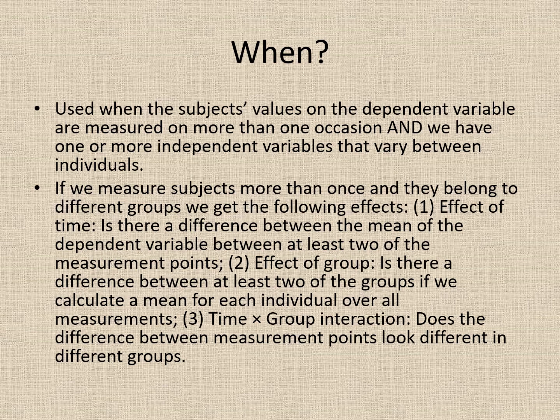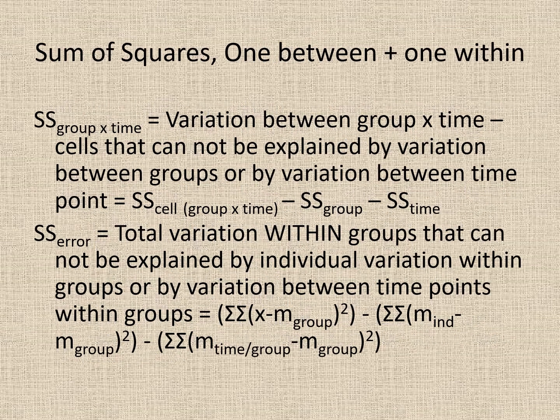And what you have left is the sum of squares explained by the group by time interaction. Error variance is the same as in repeated measures ANOVA, but you do it separately within your between groups levels. But otherwise it's exactly the same.